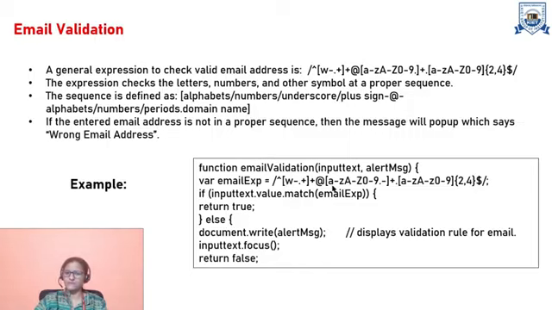Okay. So if input text dot value, the text box where we are putting our email, its value will match with this variable where we have provided this expression. If it matches, only then it will return true, else it will print the alert message over here.